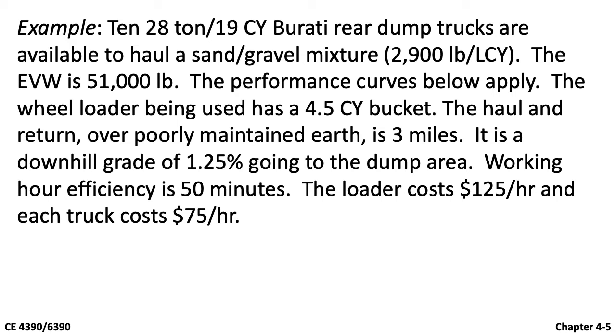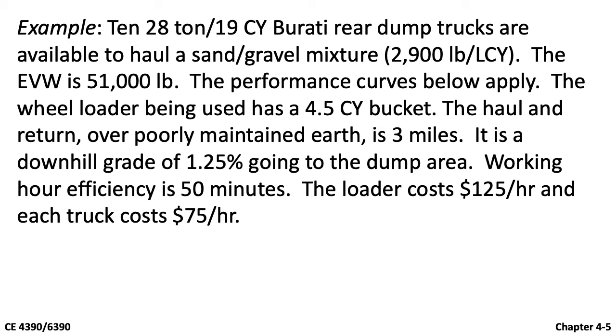The performance curves below apply for this machine, and the wheel loader being used has a 4.5 cubic yard bucket. The haul and return is over poorly maintained earth, with a distance of 3 miles, and it is a downhill grade of 1.25% going to the dumping area.